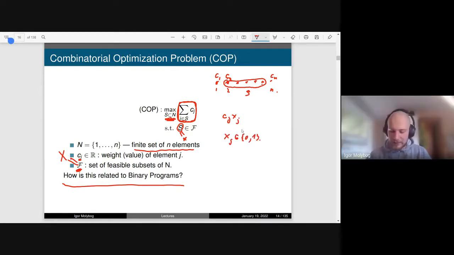Right, that's exactly the thing. It's very good. So basically, we are summing up over j's that belong to set S, but we don't really have to do that. Let's put it this way: xj is in {0, 1}, and we are saying that j belongs to S if and only if xj is equal to 1. If j does not belong to S, then xj is equal to 0.